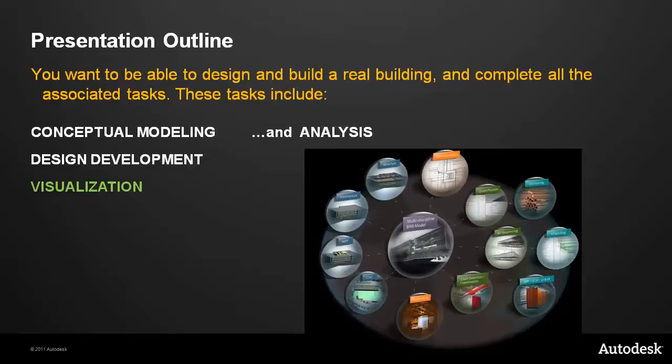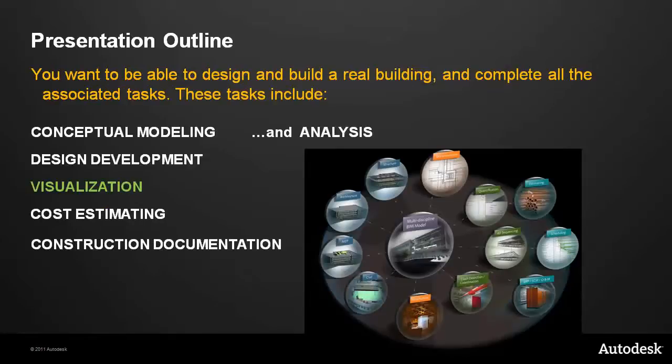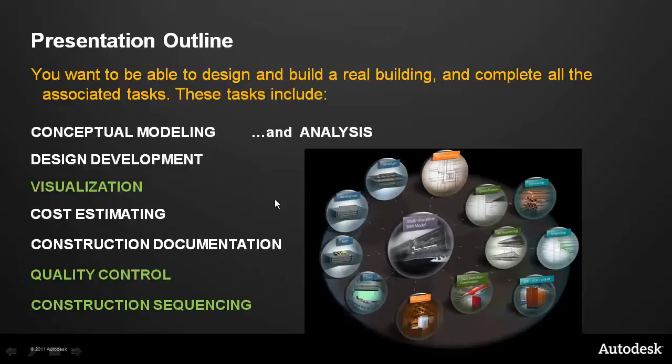And then you're going to take it to cost estimating, construction documentation, looking always to quality control to make sure that your virtual model is working where you want, and even doing things like construction sequencing. What's the order in which the building will be built?